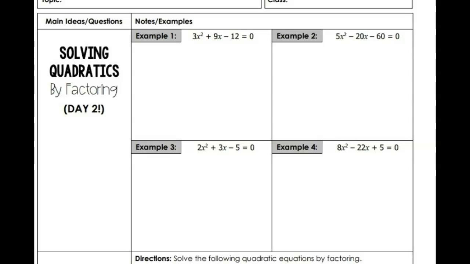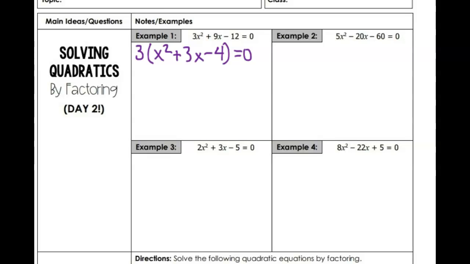So in the first example, notice that there is a 3 that is a common factor in each one of those. So the very first step we're going to do is we're going to factor out a 3 out of the entire trinomial here and just set that equal to 0.